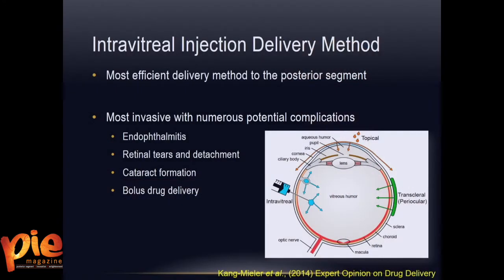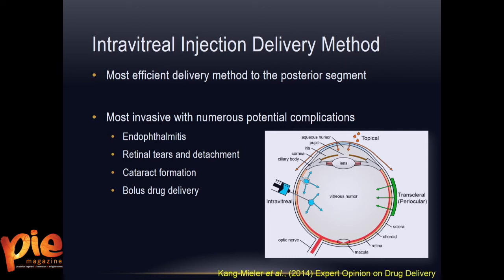We do know that the eye is a very special place. We can deliver drug in multiple ways, whether topical, transscleral, or even intravitreally. But we know that intravitreal injection is the most efficient, direct way to deliver to the posterior segment. There are some complications and potential considerations, such as potential infections, detachment of the retina, and cataract formation.